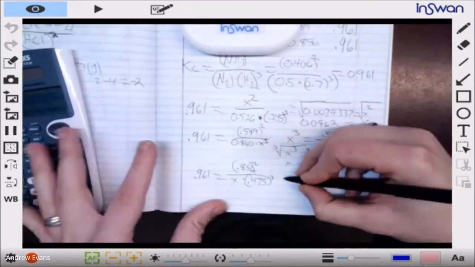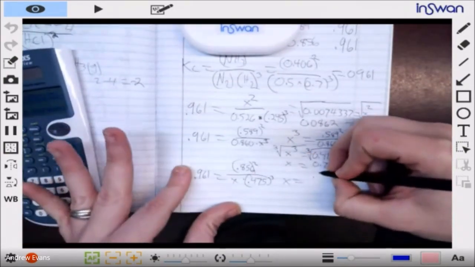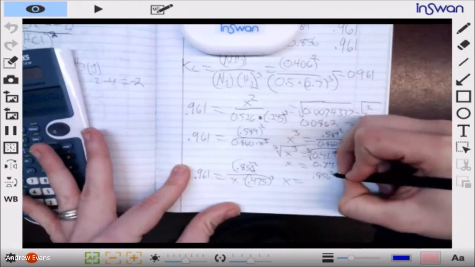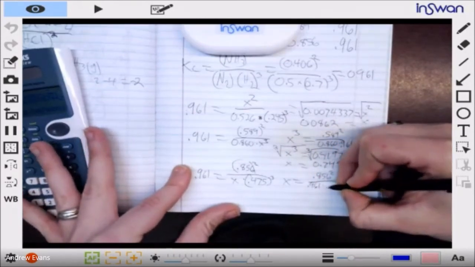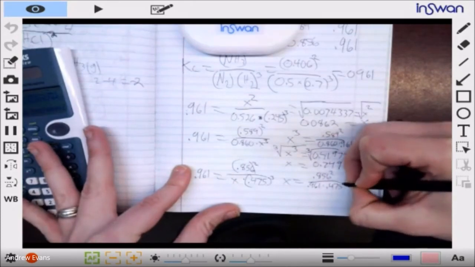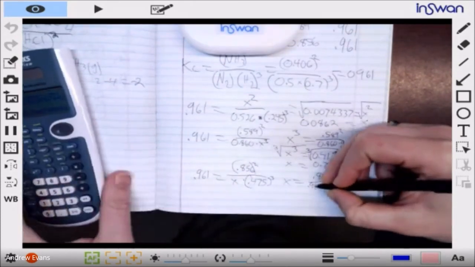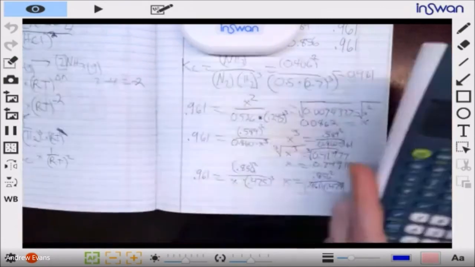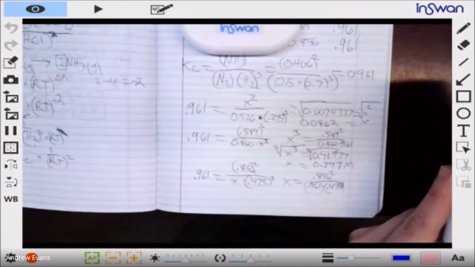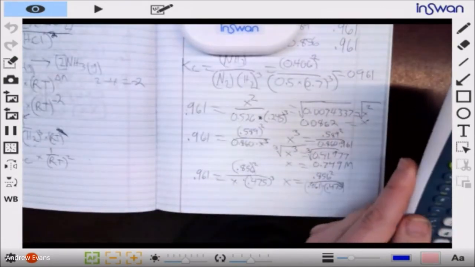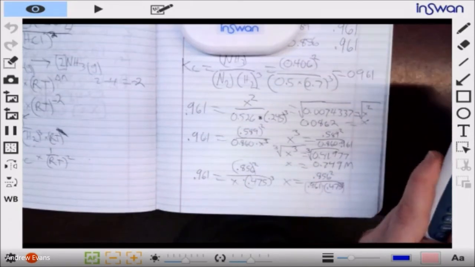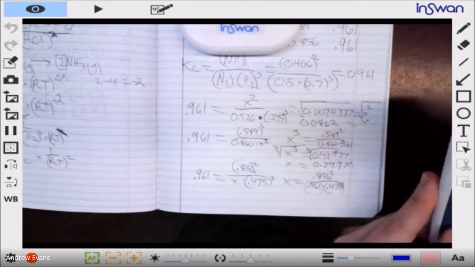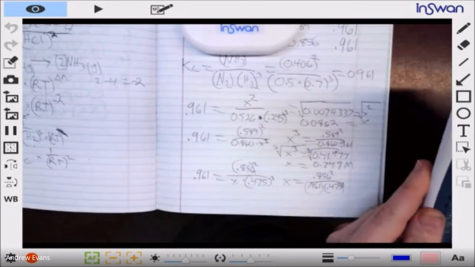You get x equals 0.856 squared over 0.961 times 0.475 cubed. But this one, fortunately, we just have to plug our values in. We don't have to square root anything or do anything beyond that.